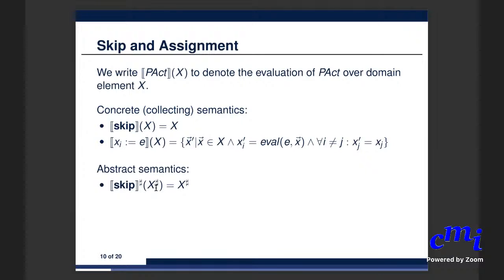If we are given some x hash, which is an interval element, I'm now showing you the abstract version of the post for two of the basic constructs of the language that I introduced. So if this is an interval x hash, then my post for skip will be x hash.